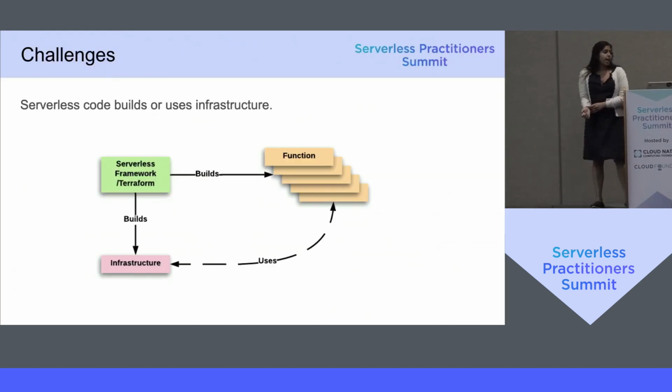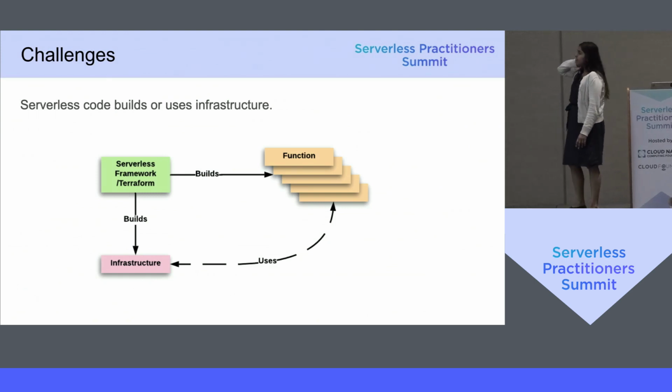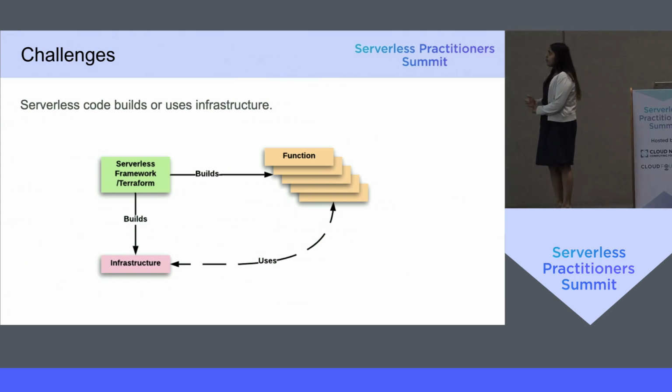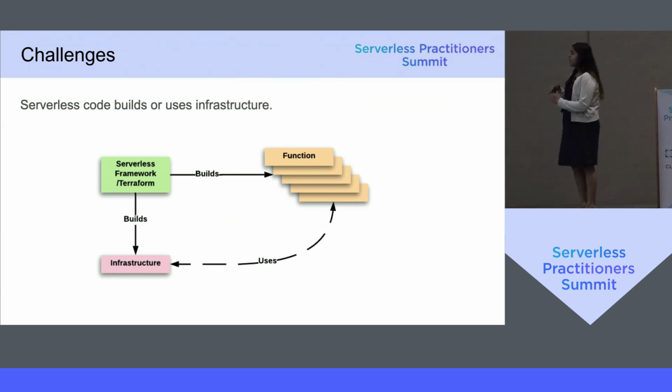As a developer, you're using something like Serverless Framework or Terraform to build out your application. You use your framework to build out a bunch of functions and a bunch of infrastructure.